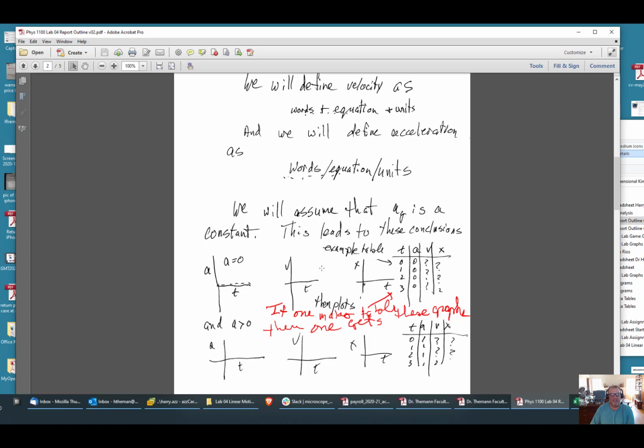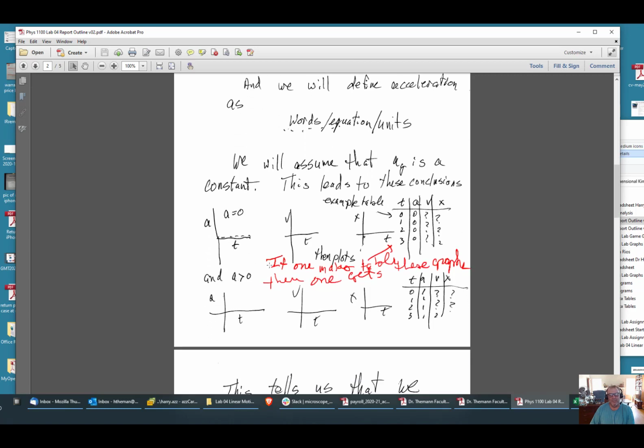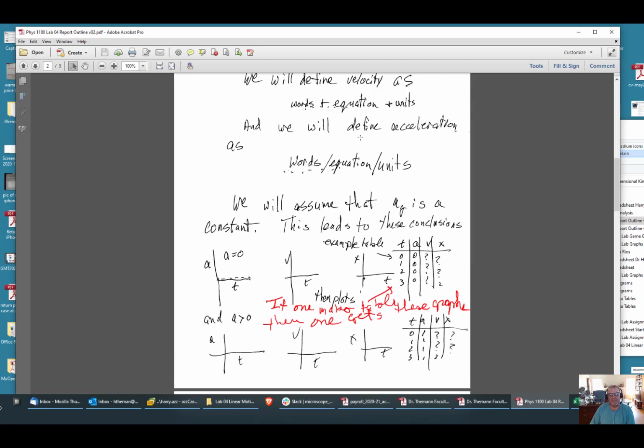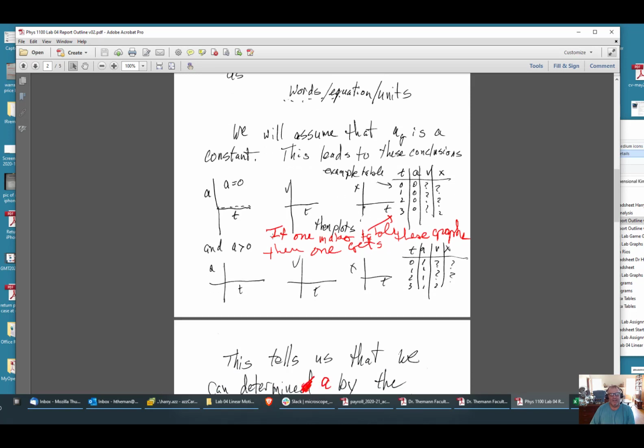I didn't do the rest. I'll leave that up to you. Then if we assume that the acceleration of gravity is greater than 0, let's say it's a constant, we can create this table of numbers just using the equations from above. Think about x equals 1/2 a t squared, that kind of thing. And then plot these graphs.